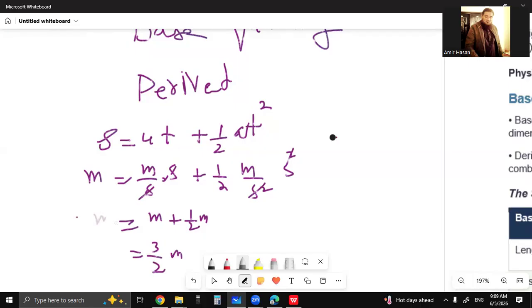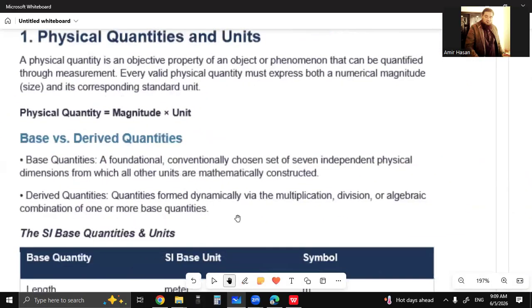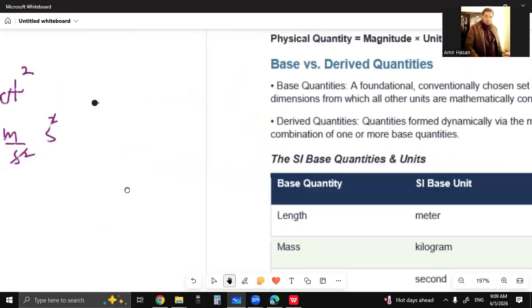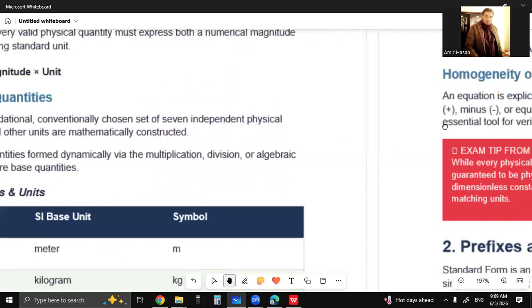This number disturbs us, and it is not homogeneous because the number is different, but we are not considering the number. We only consider the base units on both sides. If these are the same, it means the equation is homogeneous. Here, meter is coming on both sides, so the equation is homogeneous.